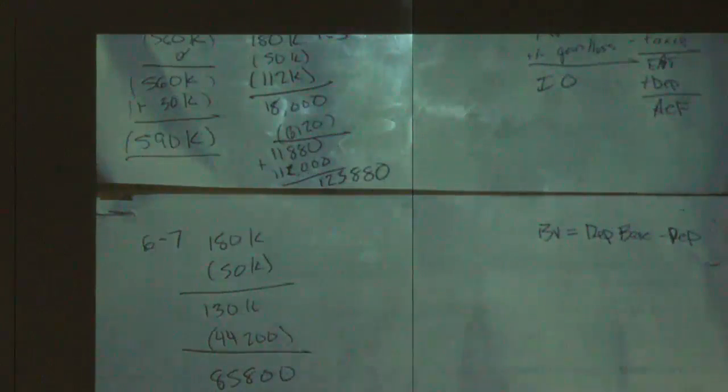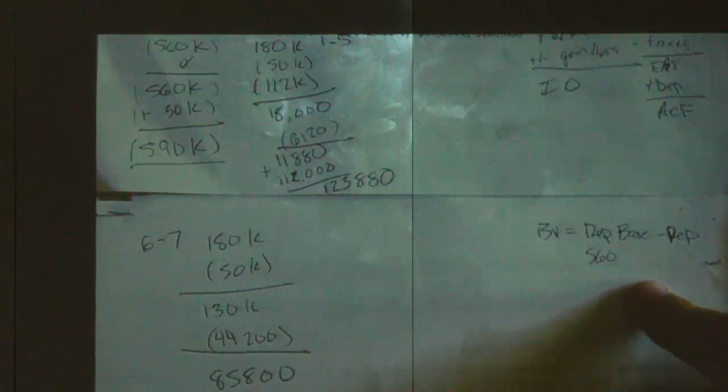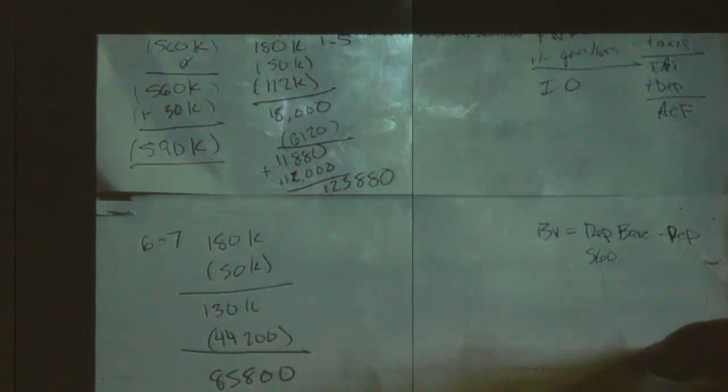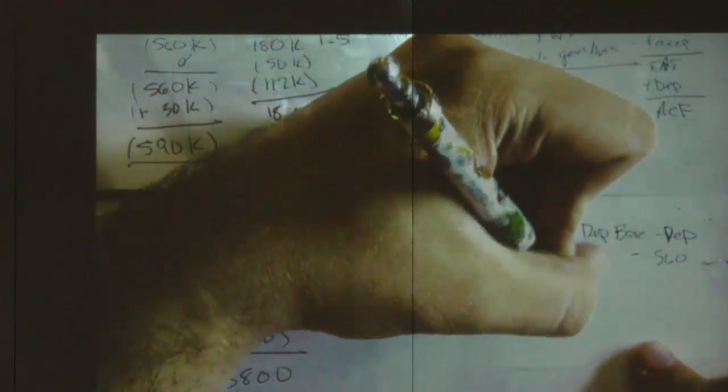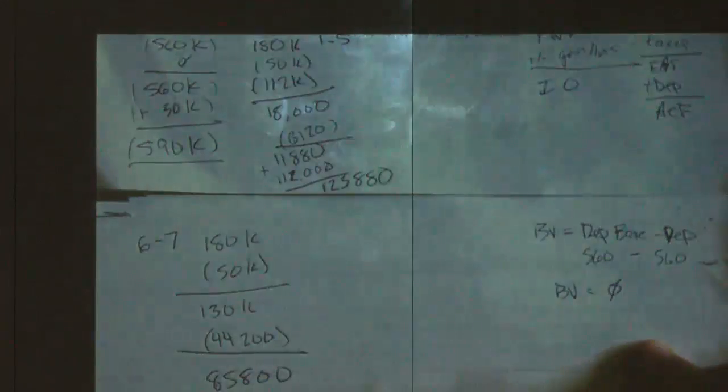Here, we can infer that since we depreciated for the total 5 years, we have no book value, because our depreciable base would be 560, but we depreciated 5 years, and 112 times 5 would be 560 as well. So we end up with a book value of 0.